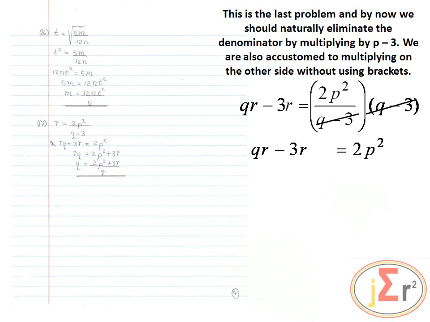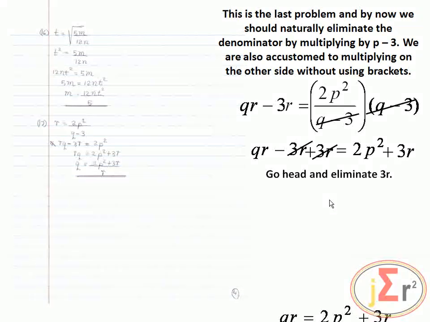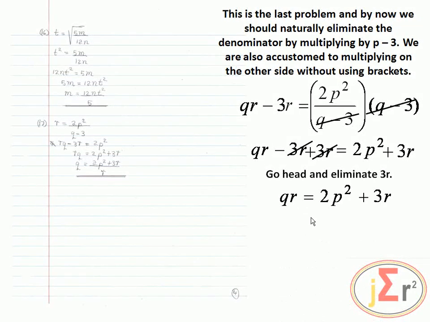And what do we do next? Making q the subject, we need to eliminate this negative 3r by adding 3r. And we will do that to the other side. So those 3r terms are gone. And all that we have in our way of q becoming the subject is that r, and it is in a multiplication relationship.